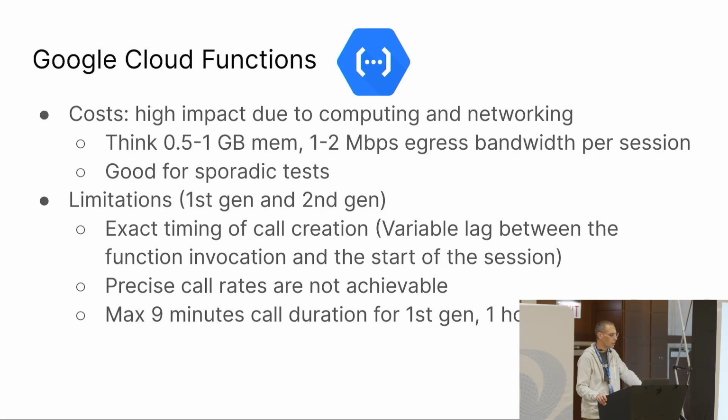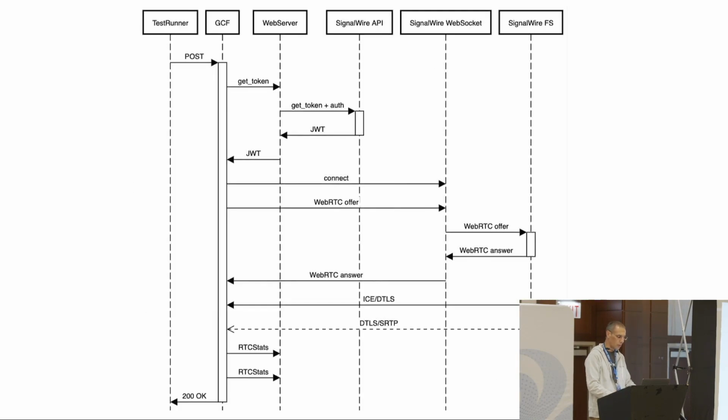There are some limitations. There are first generation and second generation functions. There are some differences in terms of timing, the maximum amount of minutes that you can run the application, and other small things. I see I'm out of time, so I'm going to go to the demo.